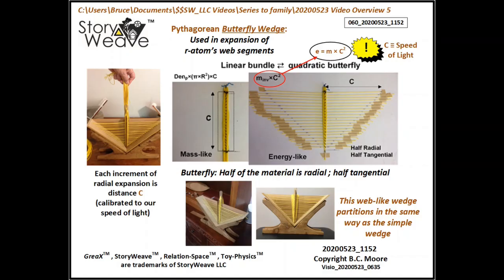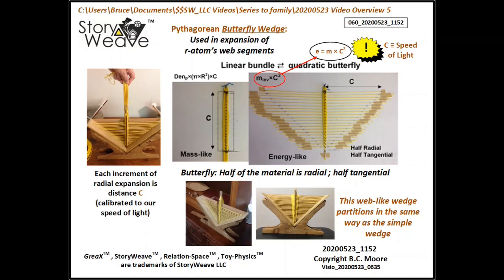The simple Pythagorean wedge is useful for fluids. In the demonstration, we poured cat litter in, which is like a fluid. But in the case of an expanding web or expanding atom spinal body, taking in a bundle of linear substance, and then spreading that out to fill the expanding space, the regular wedge just doesn't quite work for that.